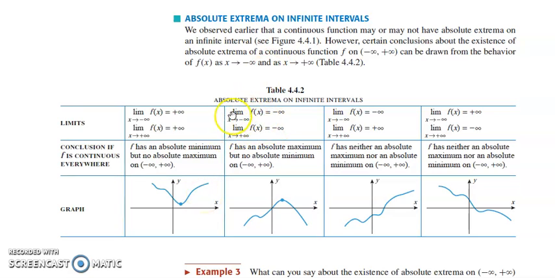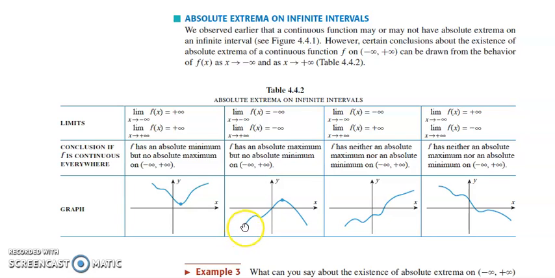Now the second case is where the limiting value of f at both ends is equal to minus infinity. As x approaches infinity, the function value goes to minus infinity. Similarly, when x approaches minus infinity, the function also tends to minus infinity. Here the function is continuous, so on both sides it goes to minus infinity.